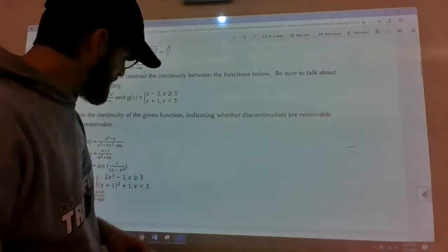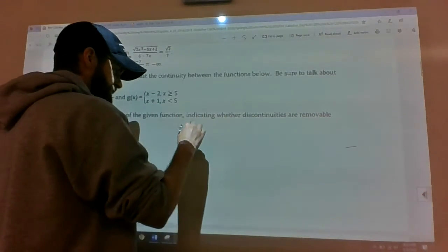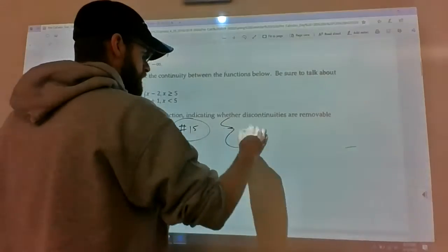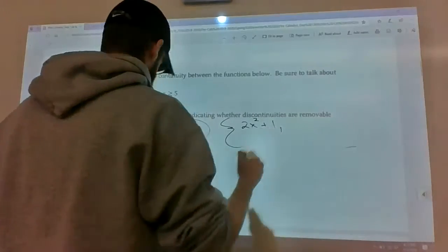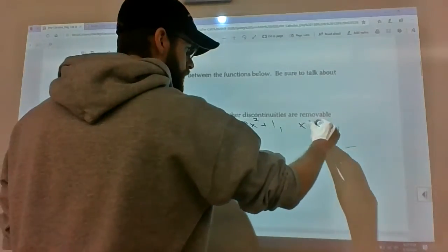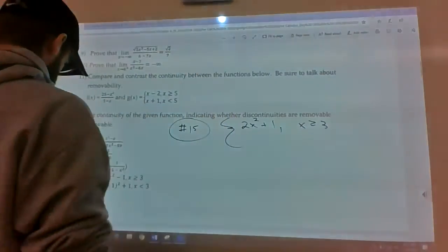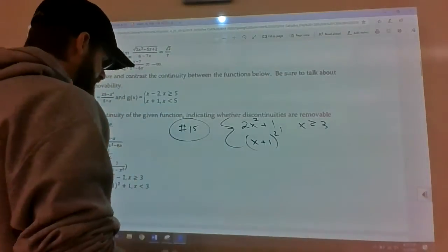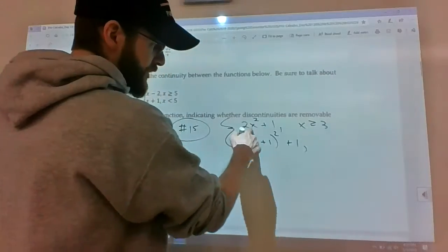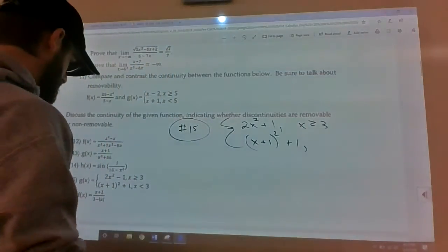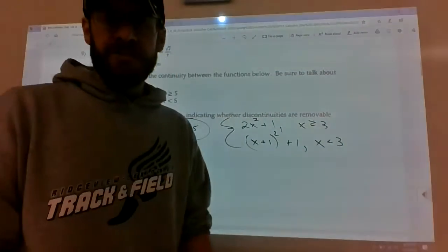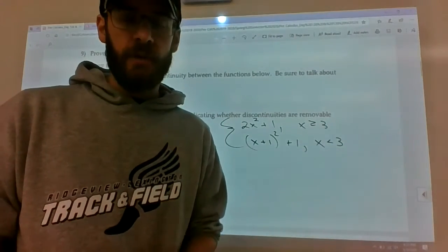Oh, we got a piecewise function. It looks like it's two parabolic functions, two parabolas, two quadratics. And the question is, where is this thing potentially discontinuous?